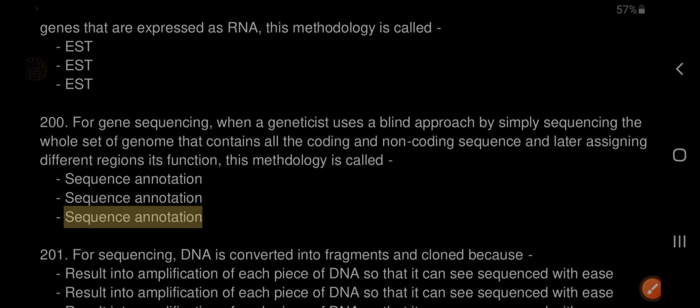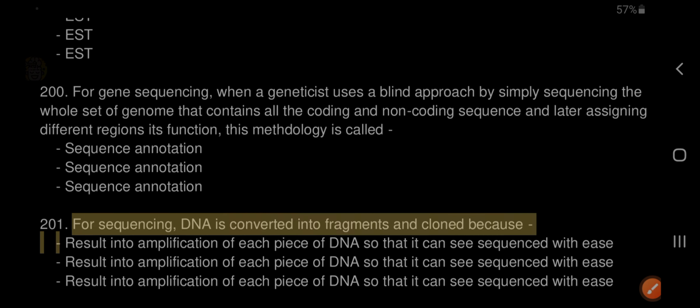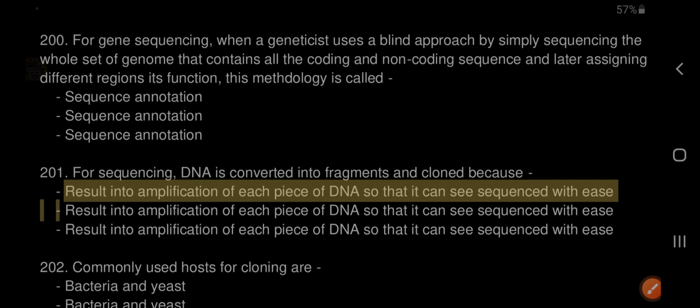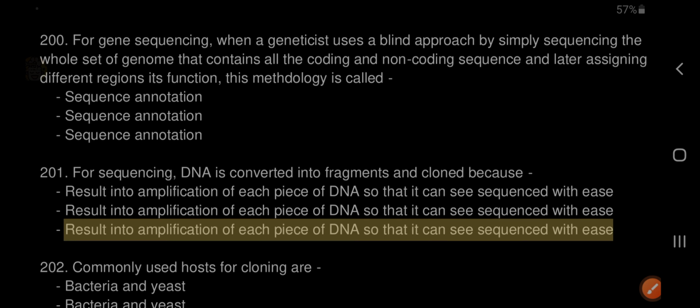201. For sequencing, DNA is converted into fragments and cloned because this results in amplification of each piece of DNA so that it can be sequenced. 202.